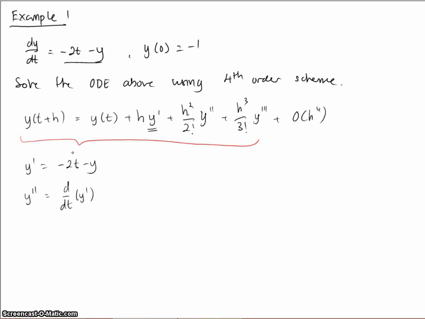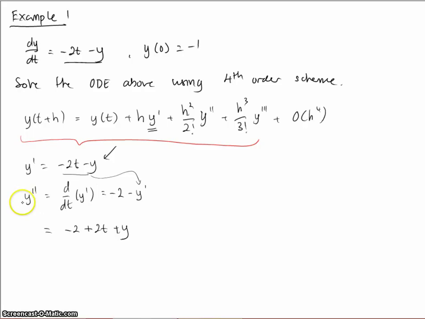If I differentiate y prime with respect to t, this gives me minus 2 minus y prime. And what is y prime? Y prime is given by the first equation. If I substitute this in, my y double prime is given by minus 2 plus 2t plus y. So that is my y double prime.